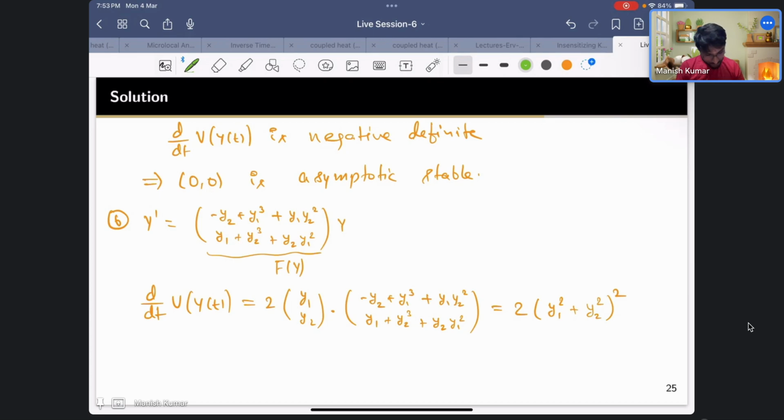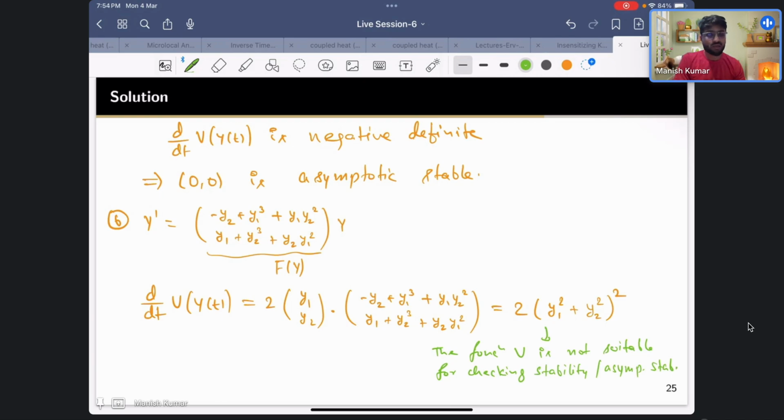So looking at this, the function V is not suitable for checking stability or asymptotic stability. But now let us check whether this functional can be helpful for guaranteeing instability. Okay, so that is our task.